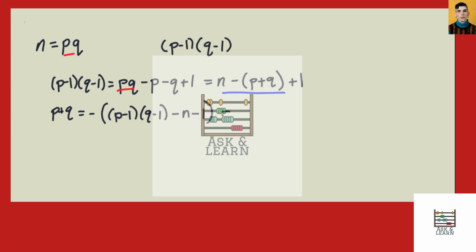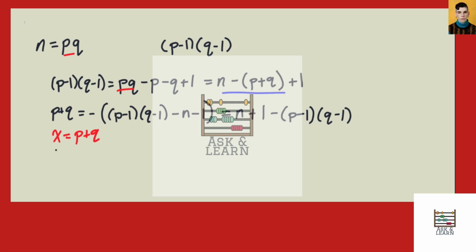Okay, so then this is going to be the same as n plus 1 minus (p minus 1)(q minus 1). So that's just distributing that negative across the whole thing. So let's just say x is equal to p plus q.